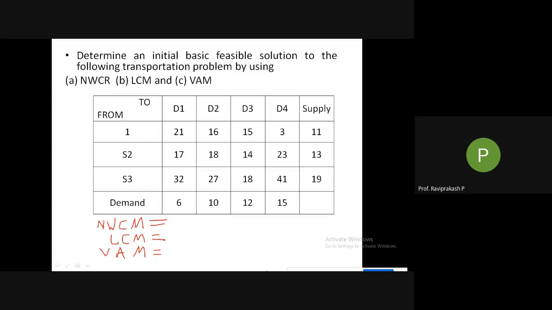As and when you finish a particular type of solution, let me know. If you complete the northwest corner method, tell me the answer, I'll write it over there, and we'll discuss with other students whether they have got the same answer or not.